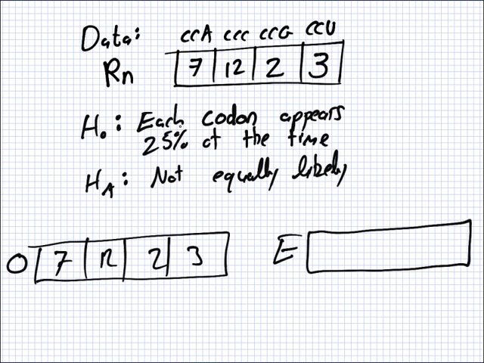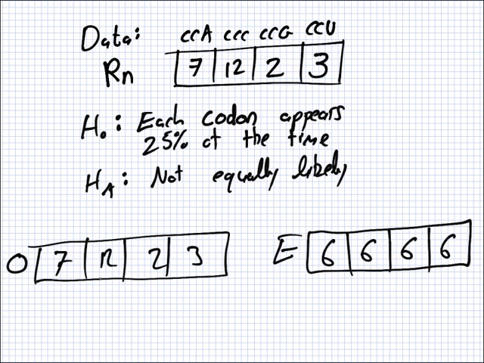So if the null hypothesis was true, how much did you expect each one to show up by? 6 times. That's what you expected. If you had 24 divided by 4, you expected each one to show up 6 times if it was equally likely.